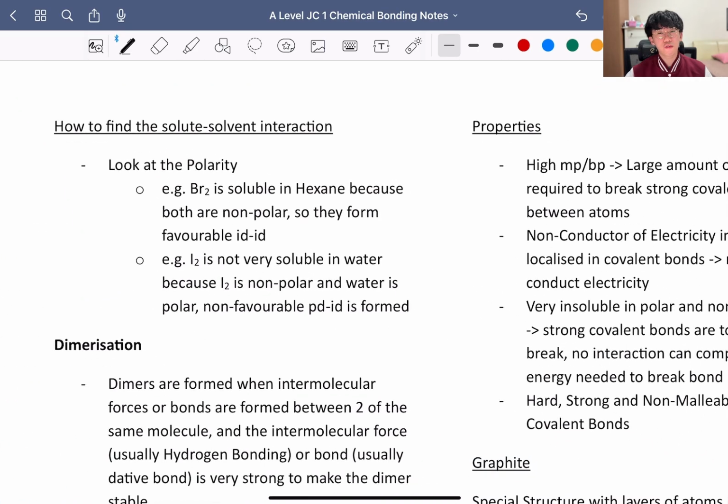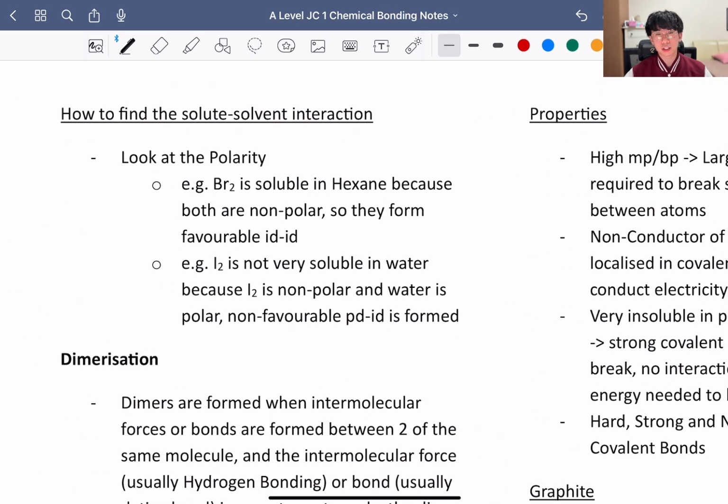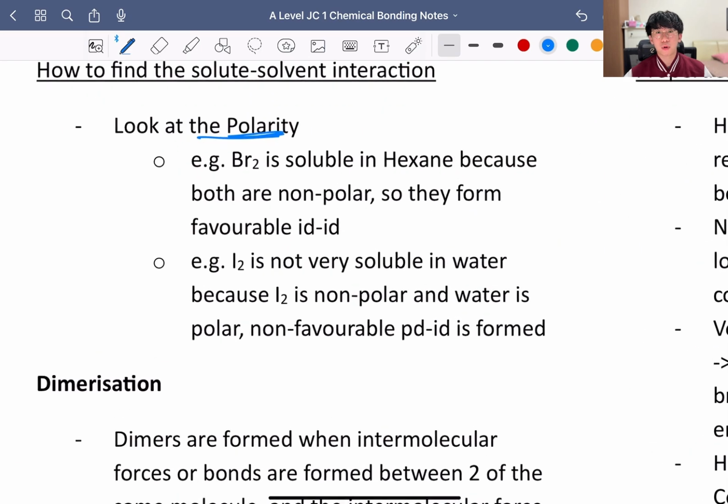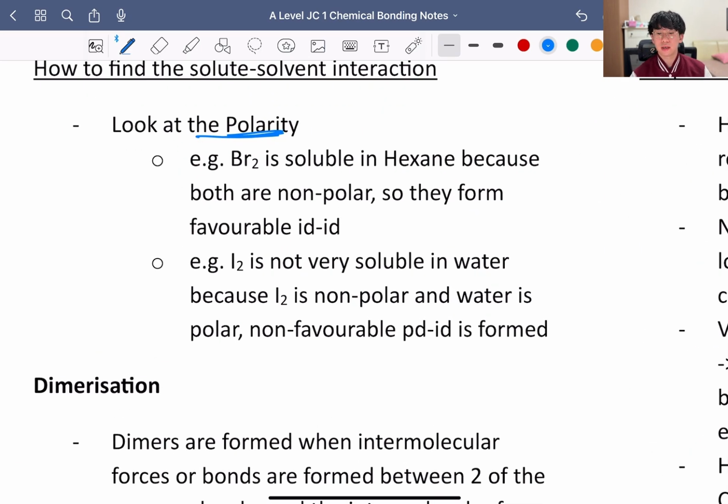And how do you find this solute to solvent interaction? Well, you have to look at the polarity, right? So when I look at the polarity, if I'm trying to show that bromine is soluble in hexane, for example, this is the solvent and this is the solute, right?